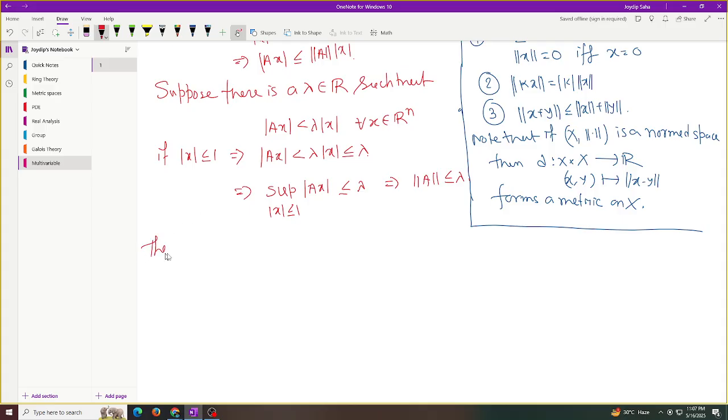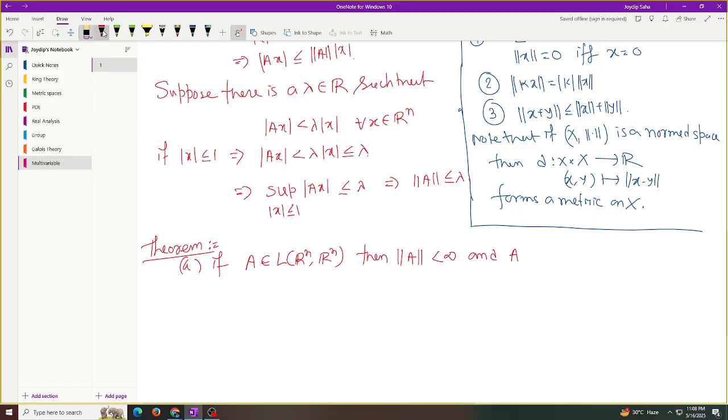Theorem. If A belongs to L(R^n, R^m), then norm A is finite, always finite. And A is, what is A?